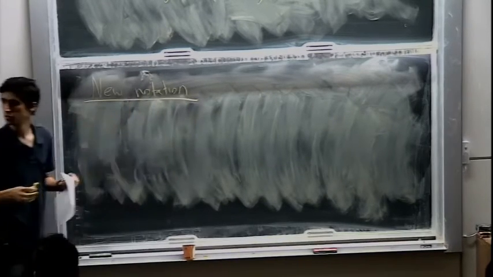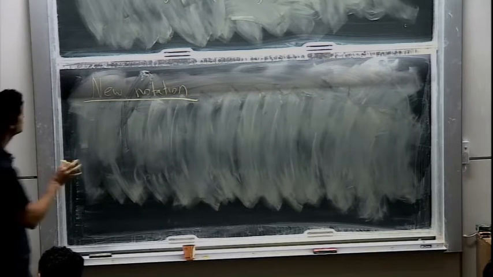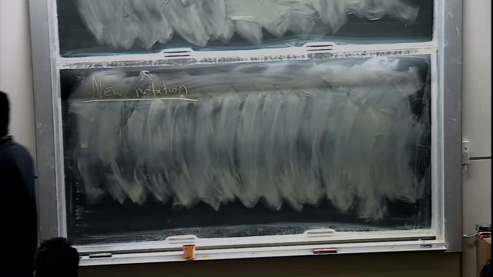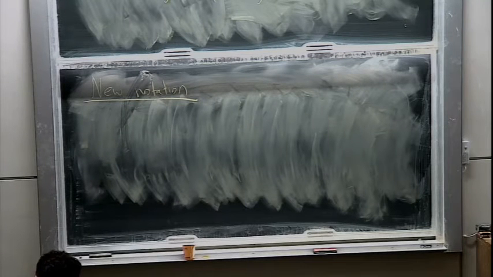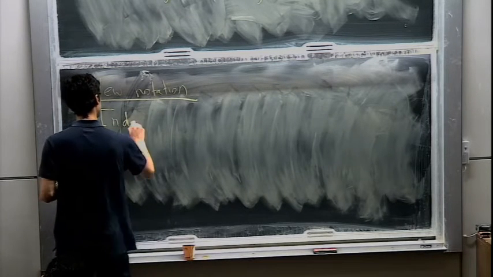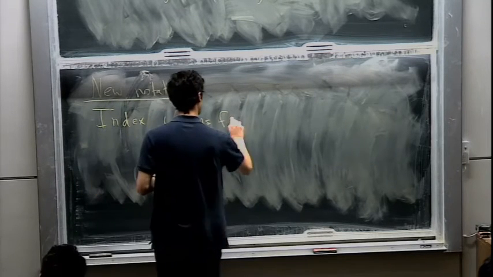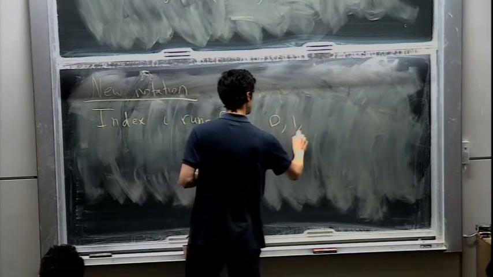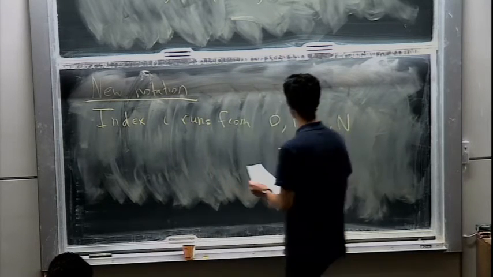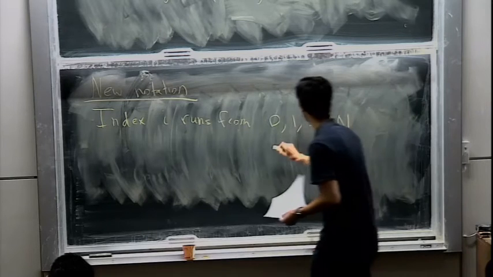This has to do with the trivial string that people were asking about. Although up until now I've only had my index run from 1 to n, like 1, 2, and 3, now in these equations, my index is going to run from 0 to n. I'm introducing a new type 0 string, which I'm calling the vacuum string.